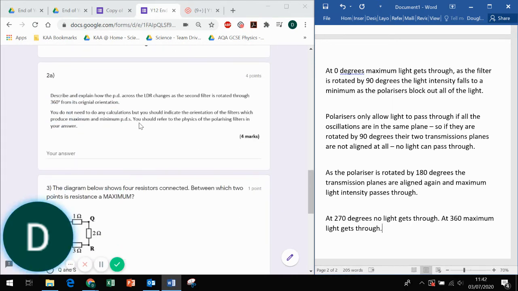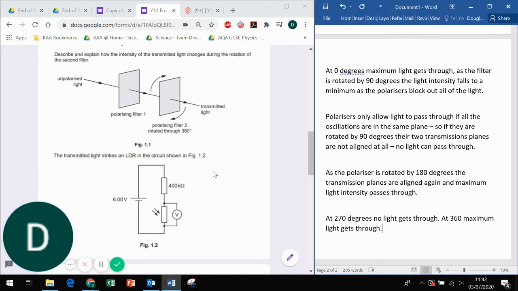We had to say what happens to the PD across the LDR. LDRs decrease resistance as light intensity increases.